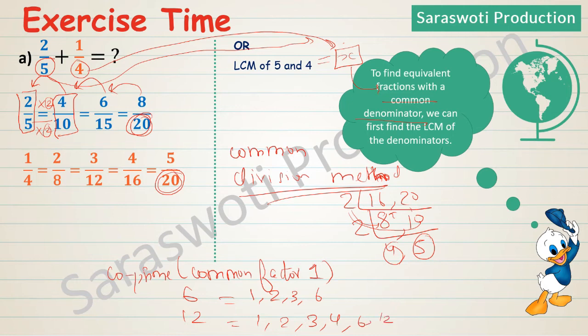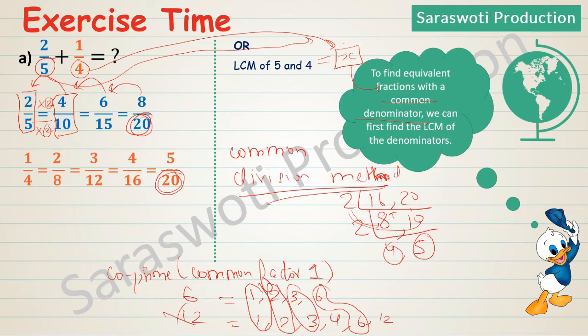So in this case, we have common factors 1, 2, 3 and even 6. As you can see here, for the given numbers 6 and 12, there are 4 different common factors, or should I say 3 different common factors other than 1, meaning that they have more common factors. So this is not a co-prime pair.